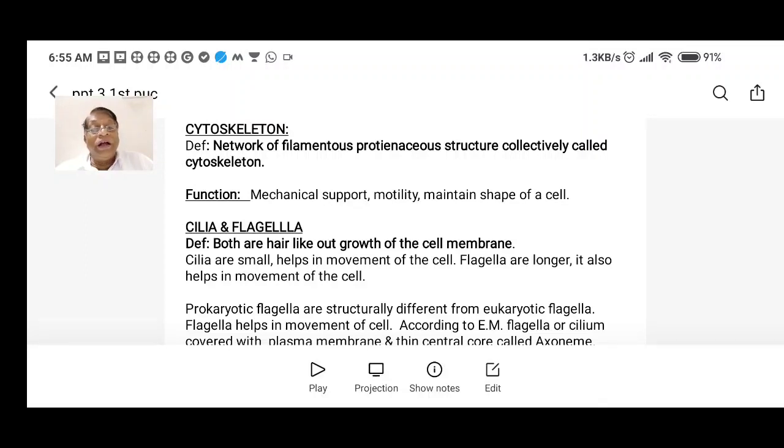The cilia and flagella are hair-like outgrowths of the cell membrane. Cilium is singular, flagellum is singular.